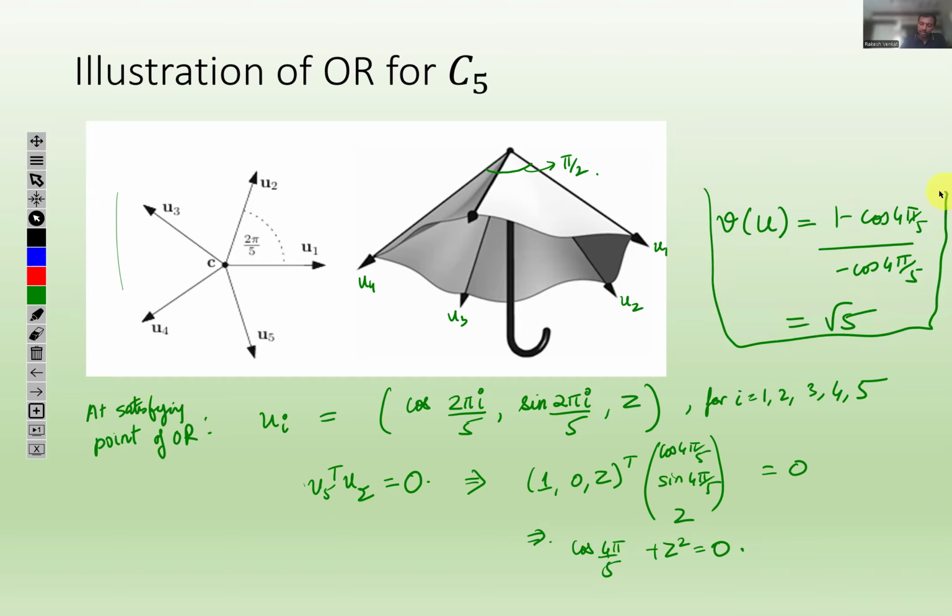Okay, so almost magically, it turns out to be square root 5. And this shows that the value of the Shannon capacity, or 2 to the power Shannon capacity, which is basically S of G for C5, is equal to square root 5. Okay, because the value of the orthonormal representation is square root 5, and we had shown that it should be at least square root 5. So then it has to be.